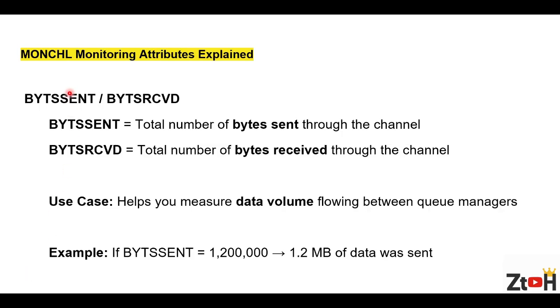Now let's see channel monitoring attributes. BYTSSENT or BYTSRCVD. BYTSSENT means the total number of bytes sent through the channel. It will display how many bytes were sent through the channel. BYTSRCVD means it will show the total number of bytes received through the channel. Use case: it is helpful to measure data volume flows between the queue managers. Refer to the example for better understanding.